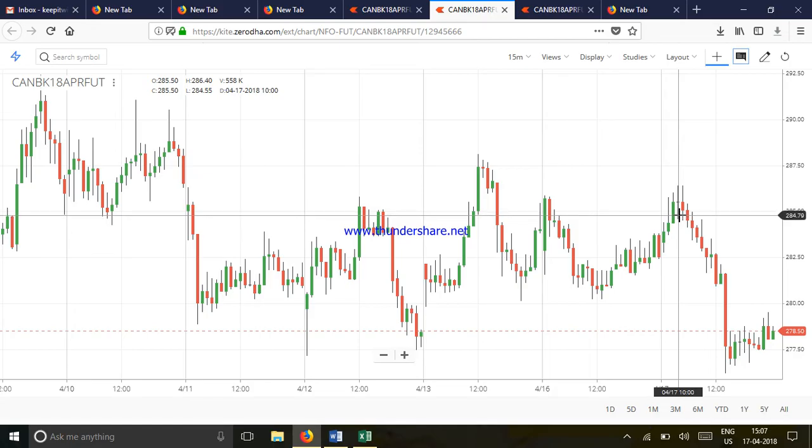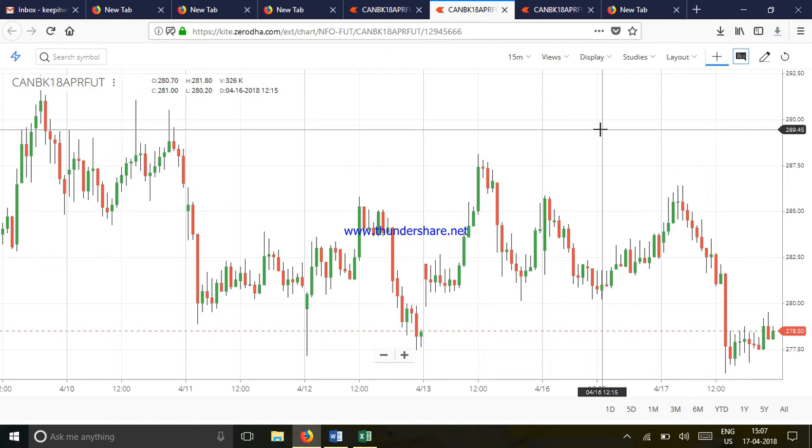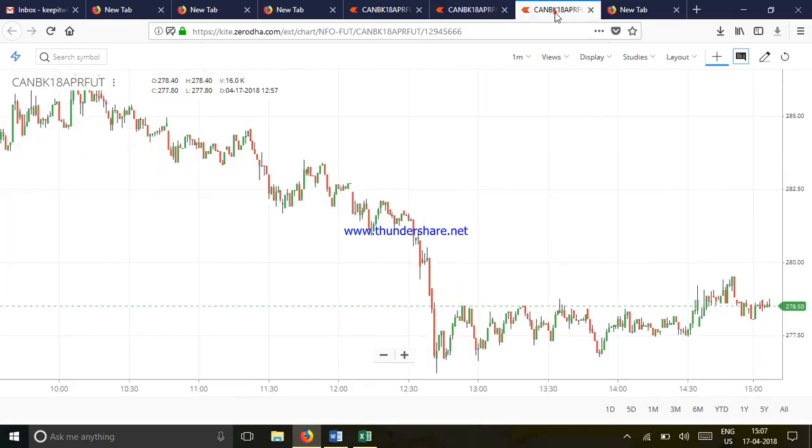Since this is a doji, we will not get a clear picture, so I am taking this proper candle with body and shadow, 286.40, as the fractal. Next, I move on to the 1 minute chart of the same Canara Bank futures on that day.